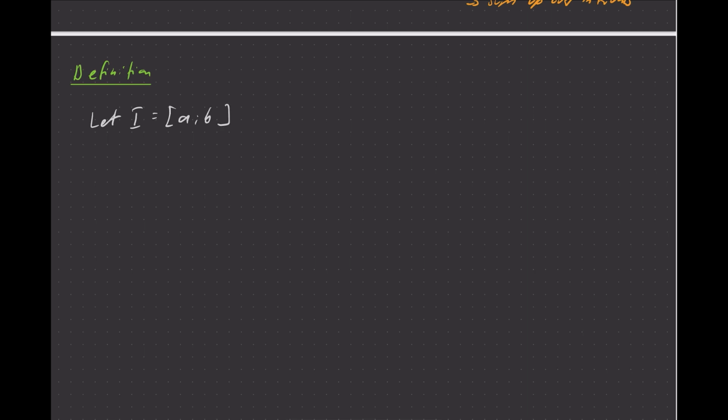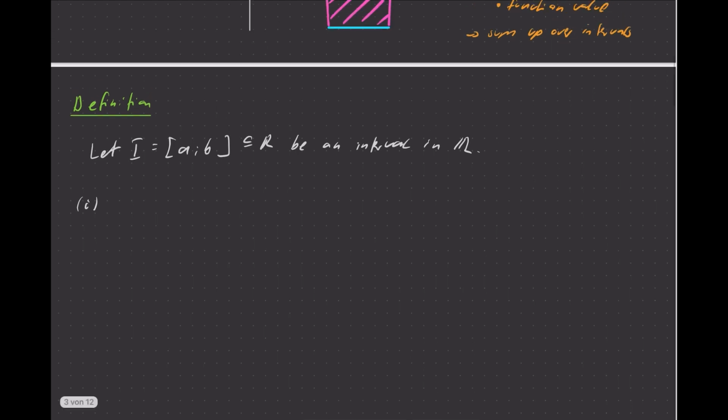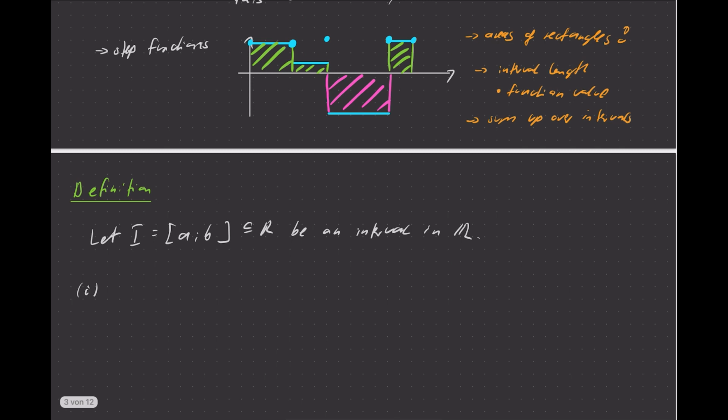We call that interval I, and that's an interval that is a subset of the real numbers. So let that be an interval in R. And then we define the following notions. First, we'll define what we'll call a subdivision of that interval. Basically, that means we put points in that interval at the right values.